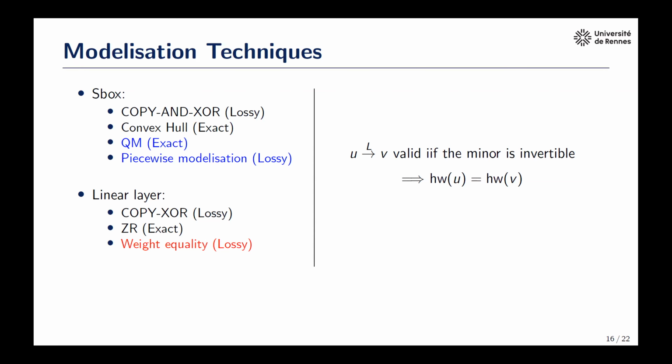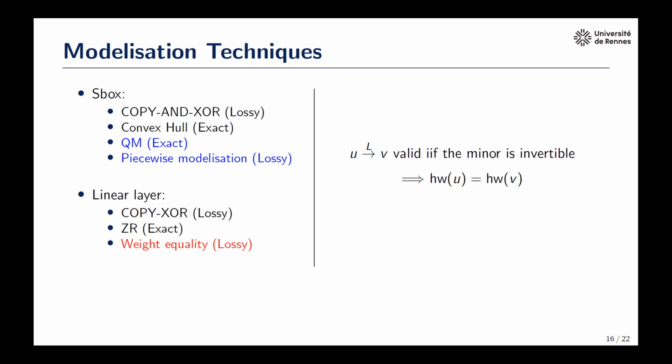So for S-boxes, it's not a problem. We can use the QM algorithm or the convex hull algorithm to generate the exact modelization and add the constraints we need. But for linear layers, it's much more complicated because the only exact modelization is from Zhang and Rijmen. So it's the ZR method, but it's exponential in the size of the matrix. And we don't want to compute all those inequalities because we can have a lot of them.